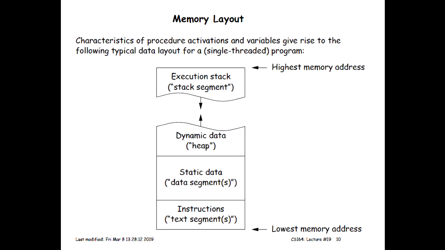But in fact, the top address is more like 2 to the 64th. So what I'm showing you here is not the physical memory, but the virtual memory of the machine. It's virtual. There's always this extra level of indirection. So these things in turn are mapped into the actual physical memory of the machine.